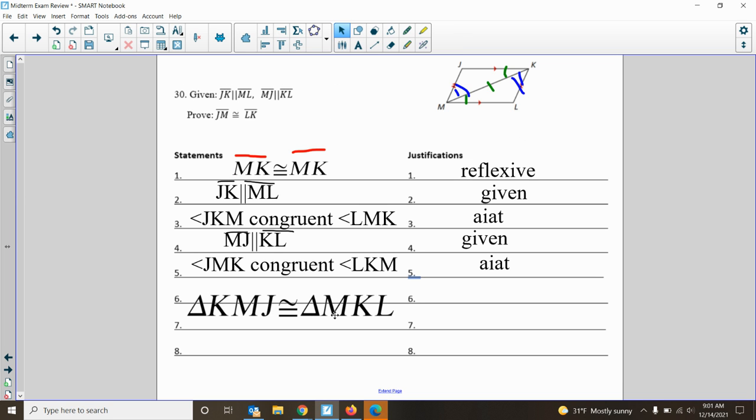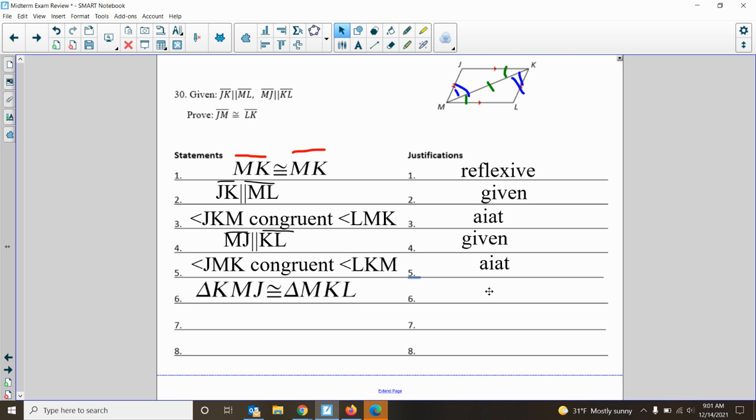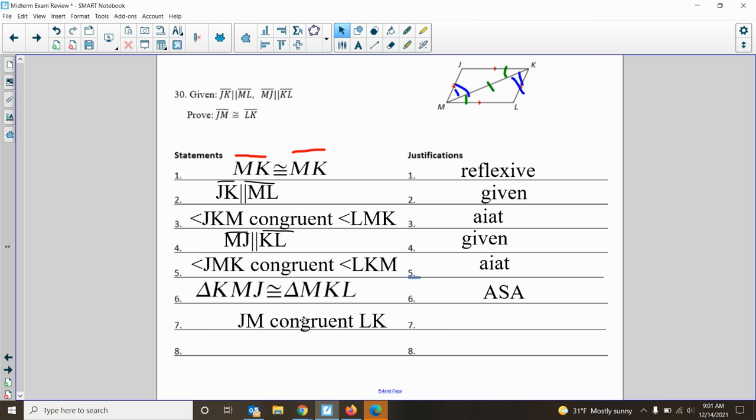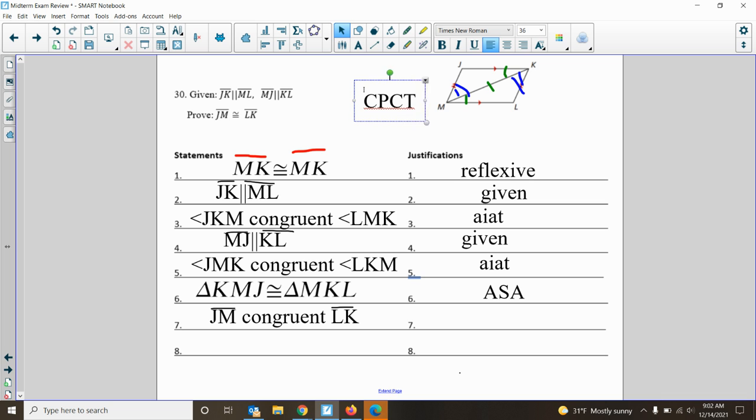Find out the congruence statements, and that's going to be by ASA. Now that means that JM is congruent to LK. Line segments on top. And that is by our best buddy in the world, CPCTC.